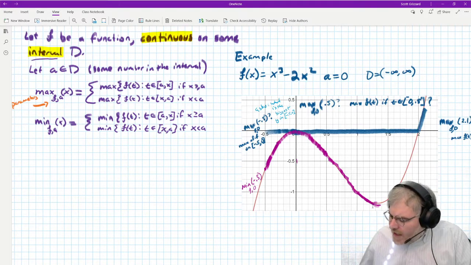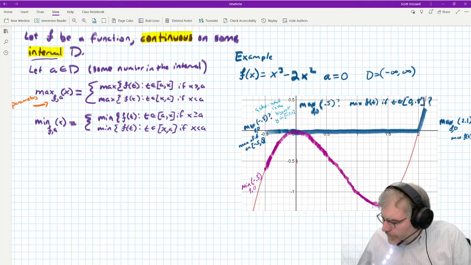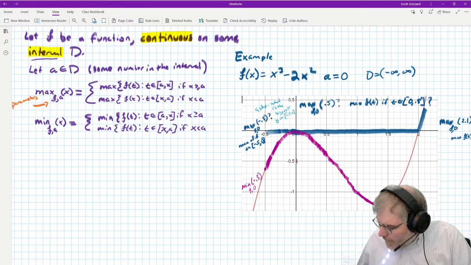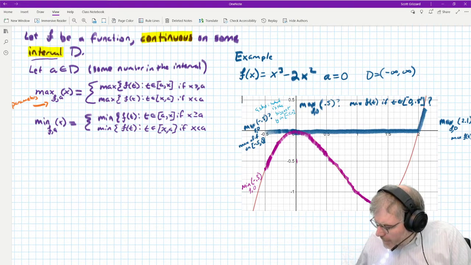So now, as I go to the right, it's going to be that minimum. Now my min function is just defined as that minimum, right?